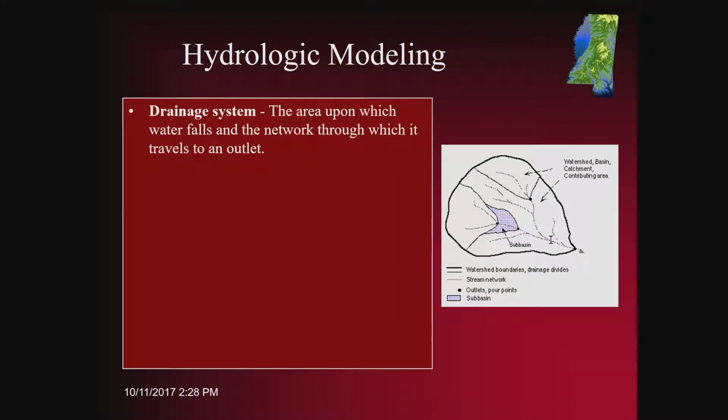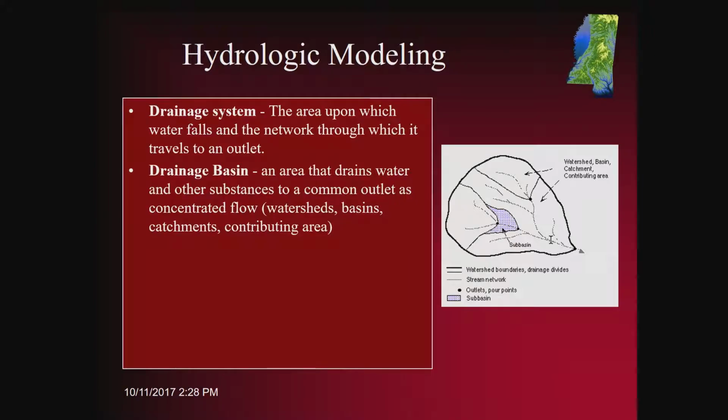So we want to be able to model stream flow. We want to determine that drainage area, referred to as a watershed or contributing area, based on an outlet point, in the area above the outlet point.